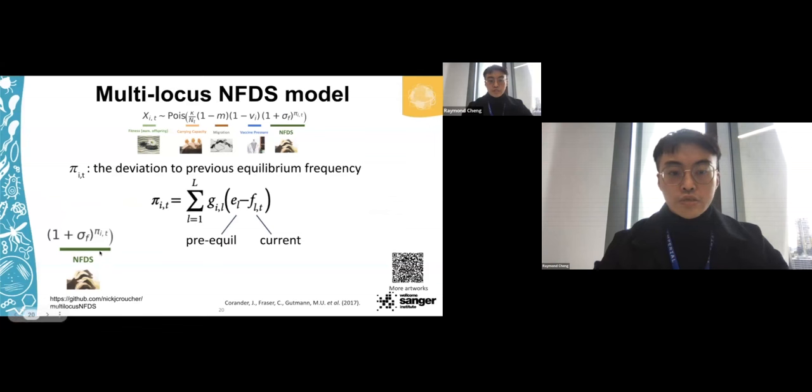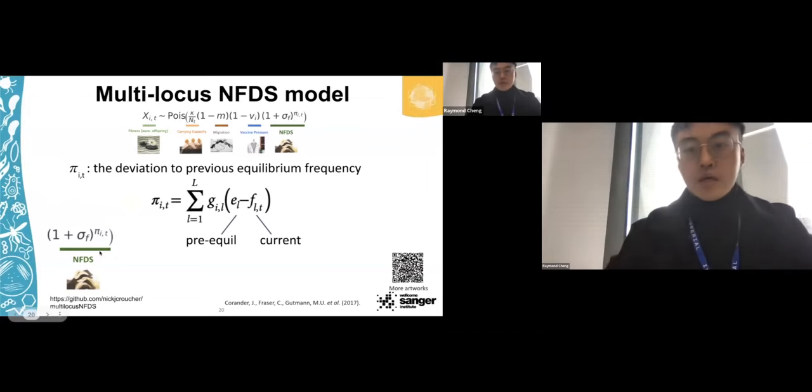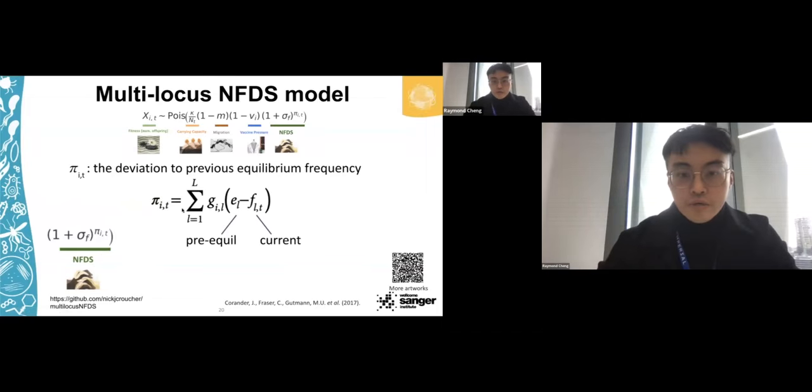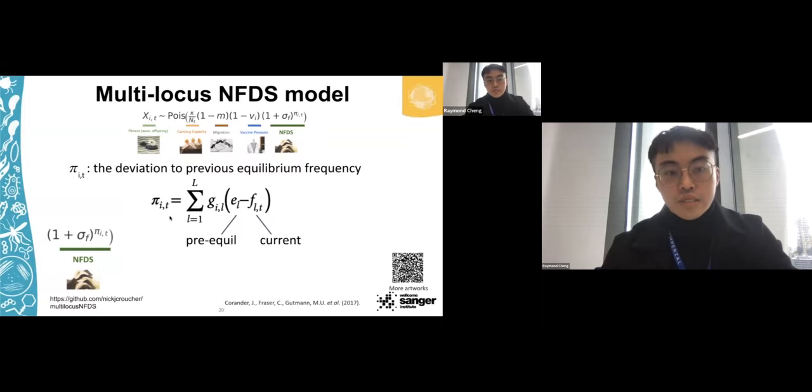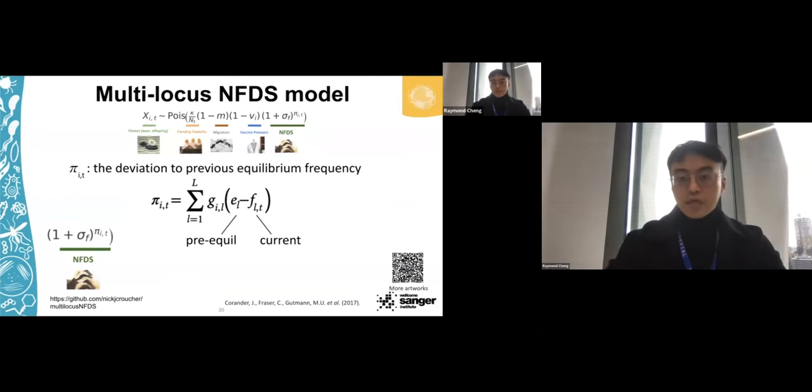When we look more into the NFDS components, there are two parameters we are going to estimate. The first component is pi, which tries to explain the deviation from the previous equilibrium frequency.